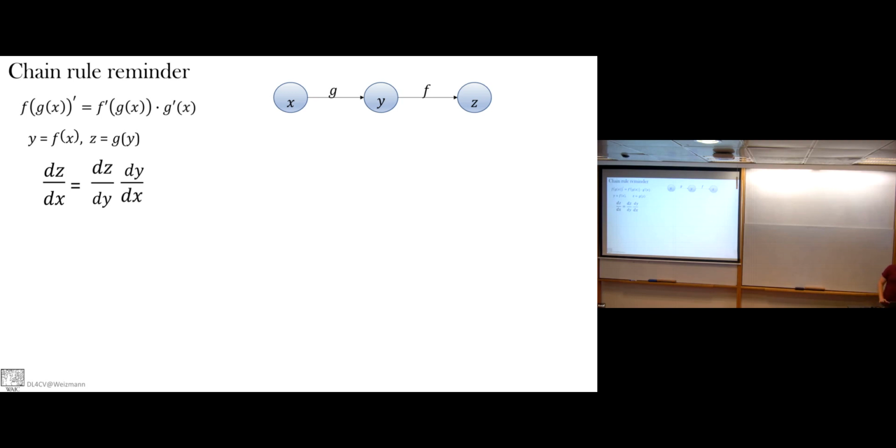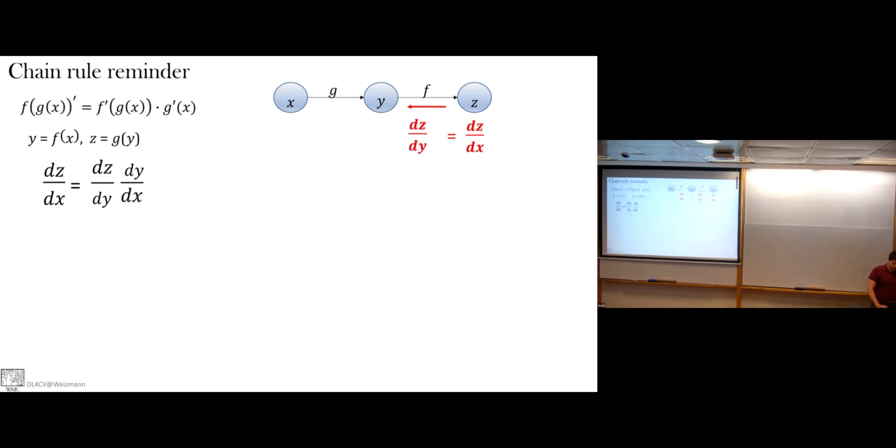This is what the chain rule looks like. I realize that you know basic calculus and this isn't new for you, but I'm showing this to get into the spirit of understanding the chain rule. So if I want dz over dx, I first go dz over dy, and then I multiply it by dy over dx. We're good, right?